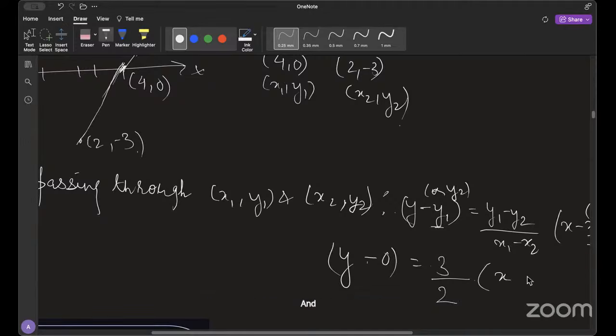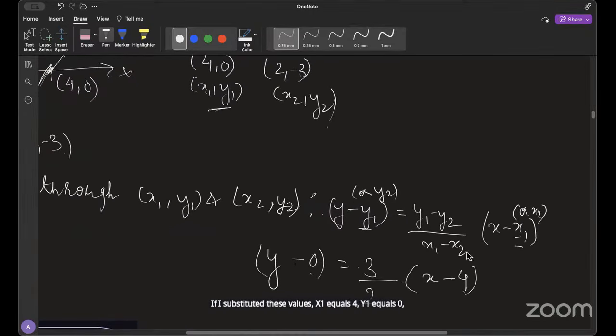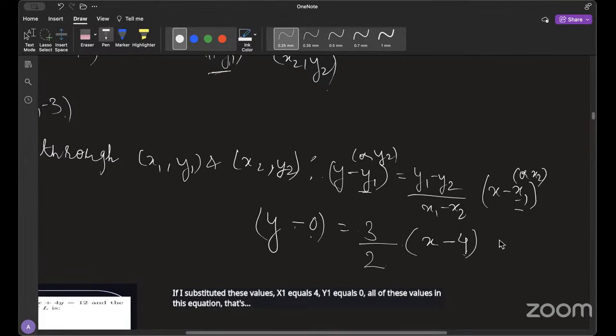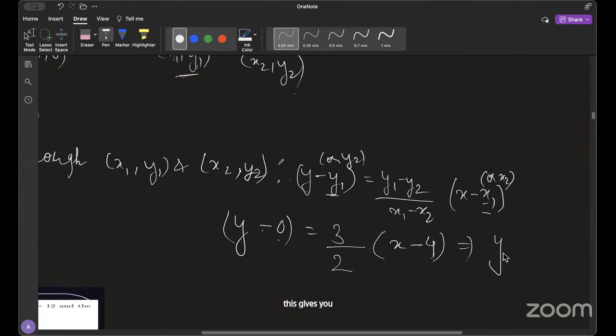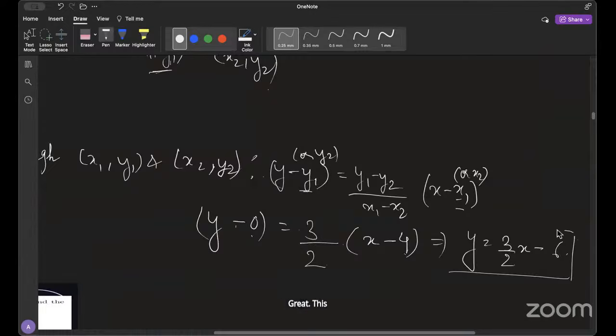And here you'll have x minus 4, because we're taking this point, 0 here and 4 here. We've just substituted these values, x1 equals 4, y1 equals 0, in this equation. That's it. This gives you y equals 3 by 2 x minus 6.